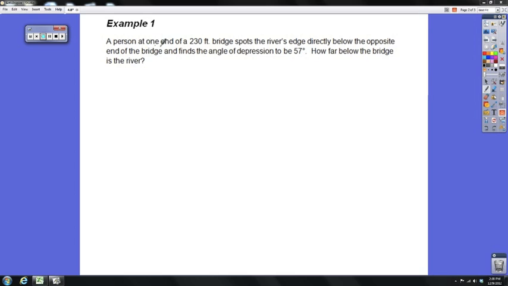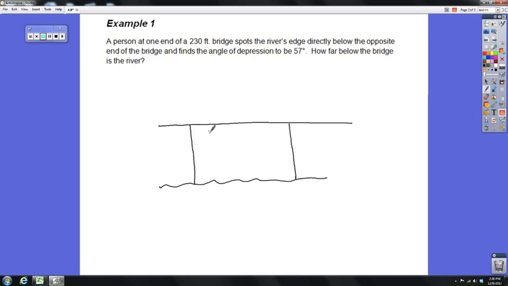A person at one end of a 230-foot bridge spots the river's edge directly below the opposite end of the bridge and finds the angle of depression to be 57 degrees. How far below the bridge is the river? Okay, so we have a bridge, and let's drop off down here to the river, and here's the river, and here's our bridge.